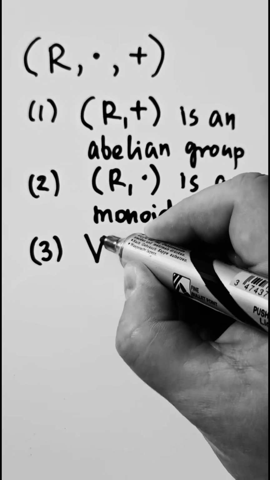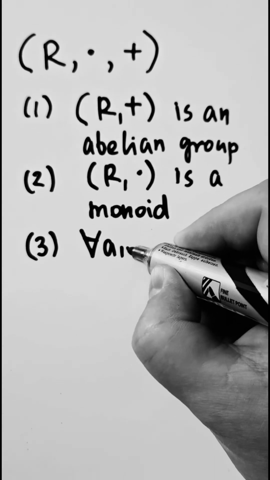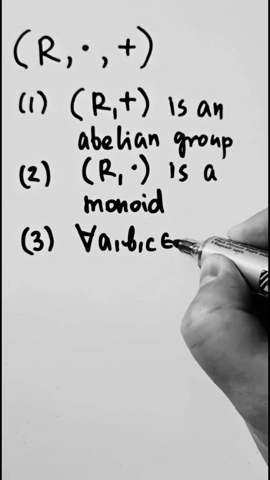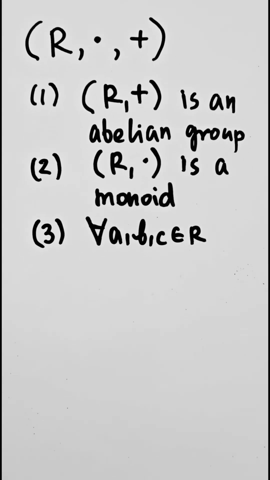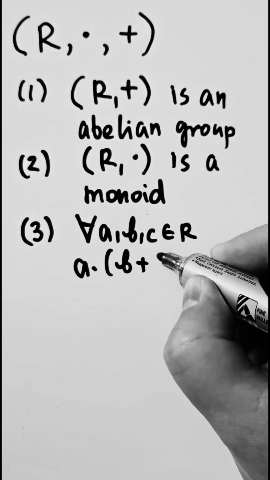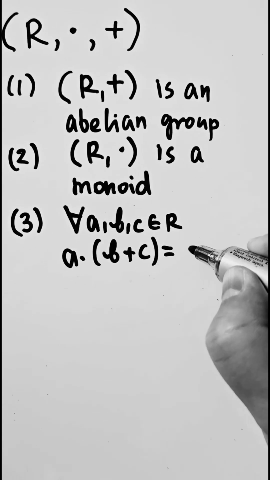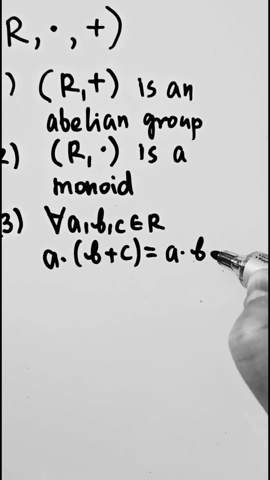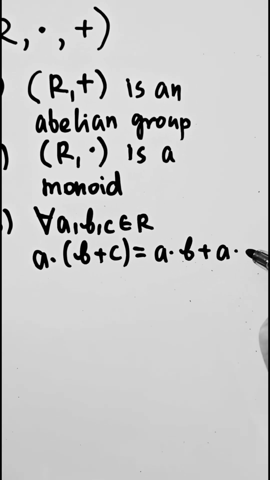What that means is that for every a, b, and c elements of R, a times (b plus c) must equal a times b plus a times c.